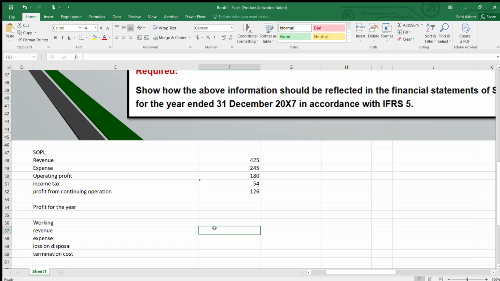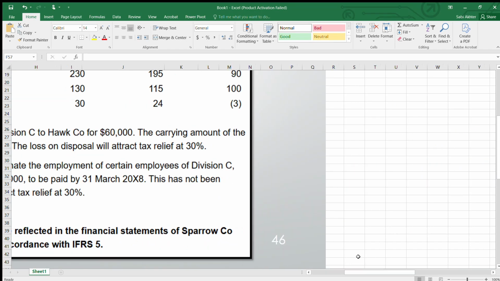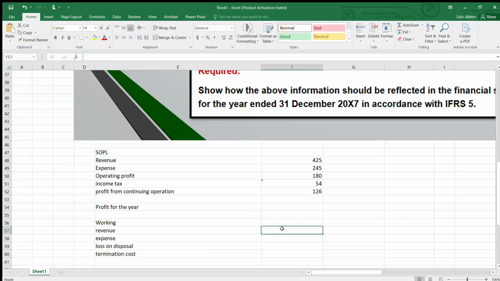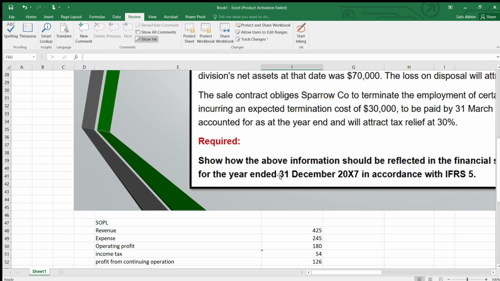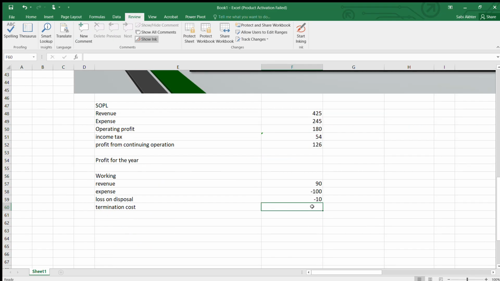So first is the revenue. This is from C. Revenue is 90. The cost is 100. Loss on disposal, it's 10. And then the termination cost, they have given 30,000. So it is 30 minus 30.